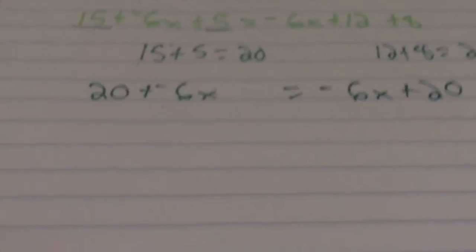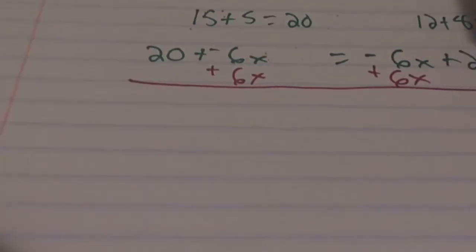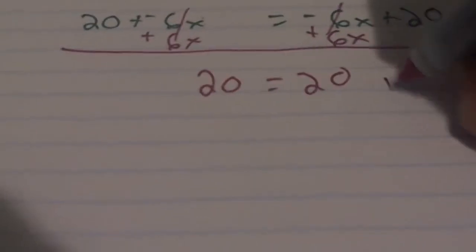So now let's get rid of the x's. So how do you get rid of a negative 6x? You add 6x. So plus 6x, plus 6x. They cancel. So you have 20 is equal to 20. Is that correct? Yes, this is true. So remember what I said.